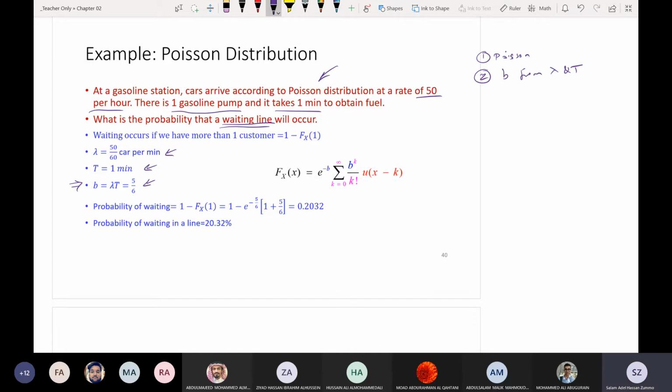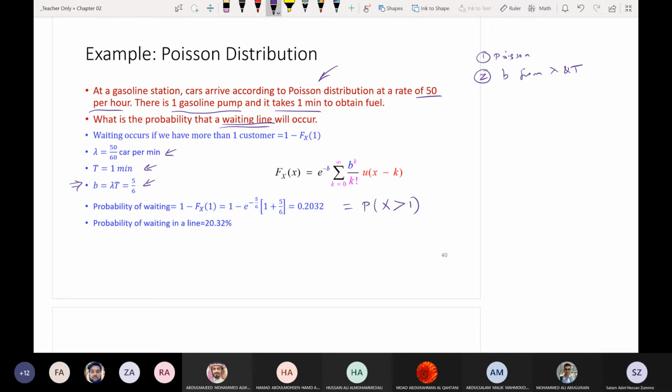Now the question here is, what is the probability of a line to occur? When does a line happen? A waiting line. What do you think? When we have more than one customer. Strictly more than one customer. So this is equal to the probability that X is strictly larger than 1.